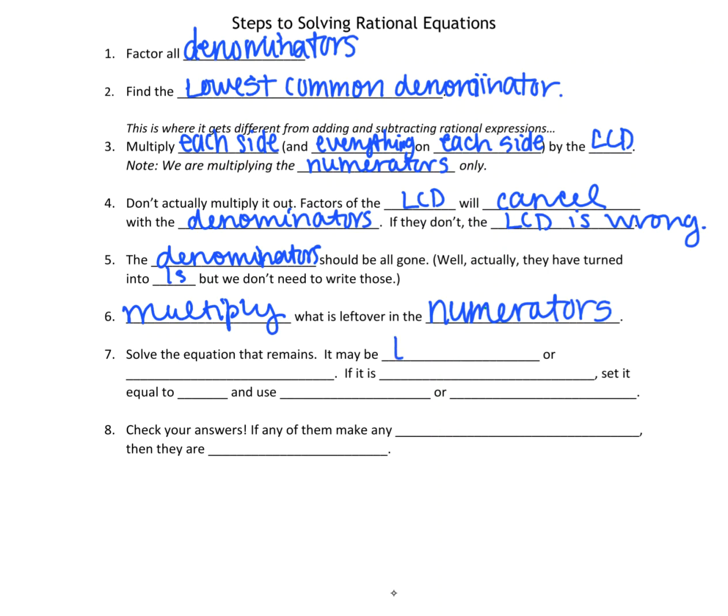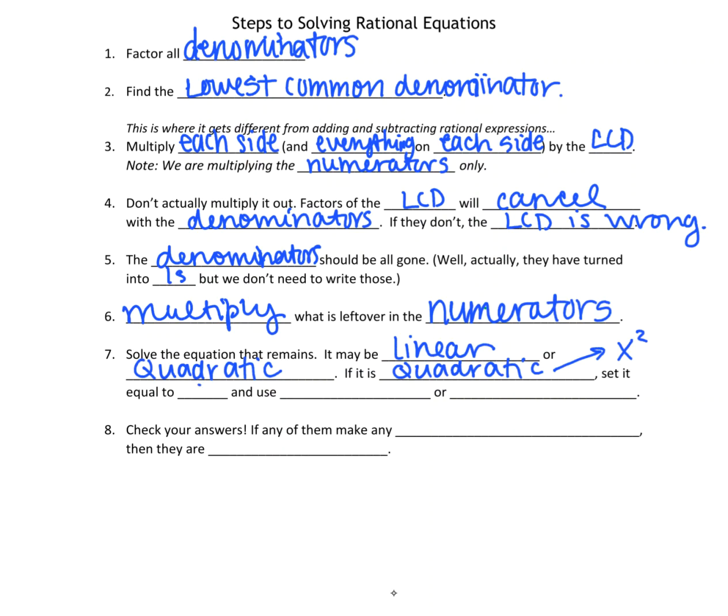It may be linear, or it may be quadratic. If it's linear, I hope I don't have to tell you how to solve a linear equation at this point. You isolate the variable, you get it alone, you solve for x. If it is quadratic, remember, quadratic is when you have an x squared as your highest power.